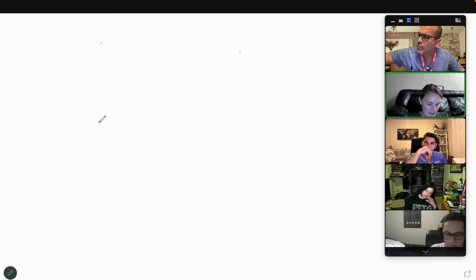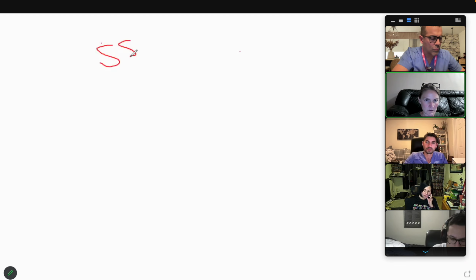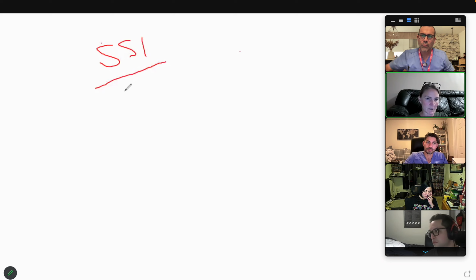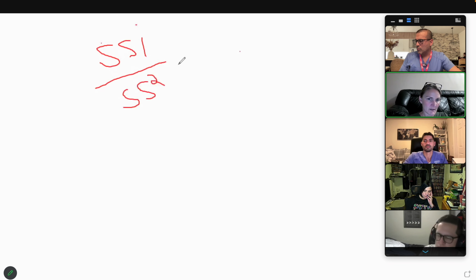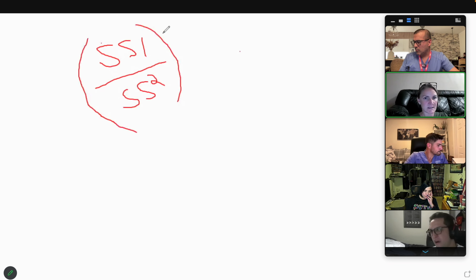So basically we would say this is going to be SSD1 over SSD2, another part of inverse square. Because you're talking about intensity and distance, it's going to be inverse square, so you're going to square it.